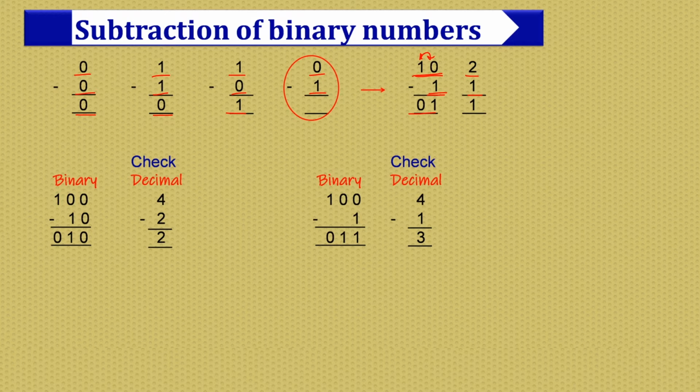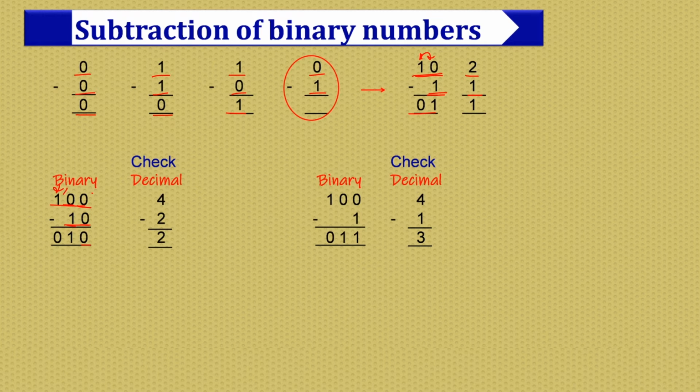Now, let's see how these rules can be applied. We have the number 1, 0, 0 minus 1, 0. Now we start: 0 minus 0 gives us 0. 0 minus 1, we won't have an answer. What we need to do is to go to the next significant bit, which is this, and then we borrow the 1.